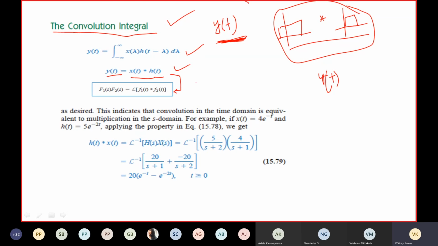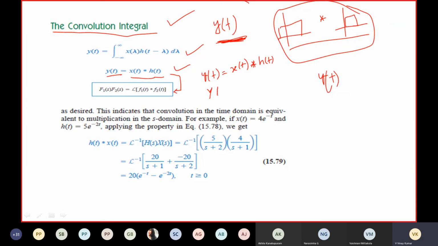Here, y of t is equal to x of t convolution h of t.